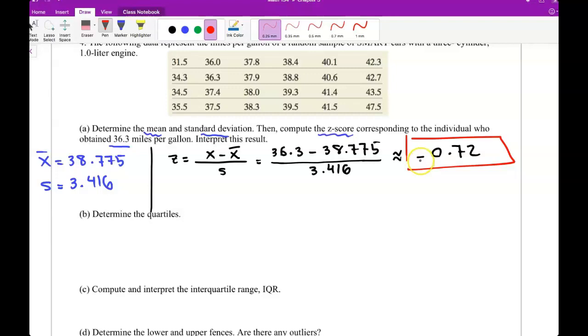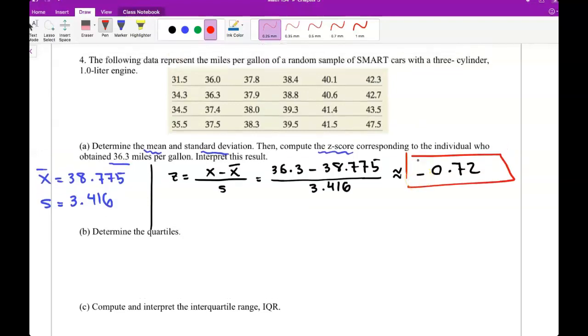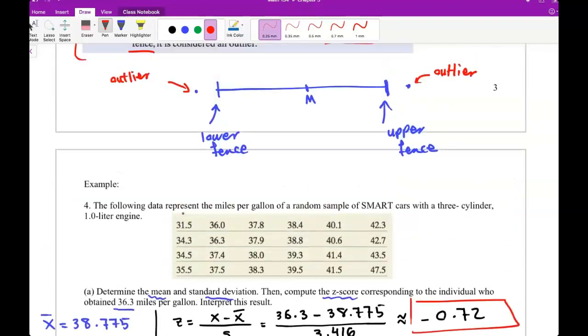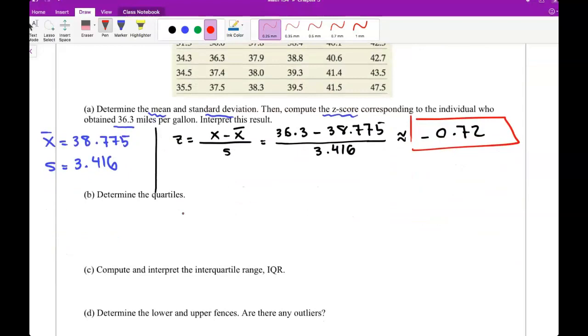You may ask what that negative is. When we have a positive z-score, so let's add this, what that means is our data point is above the mean.